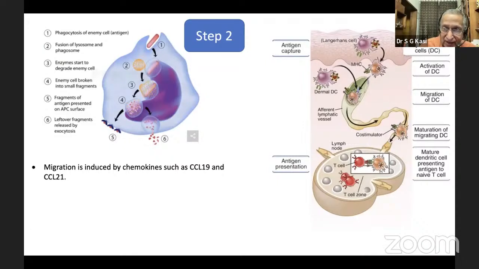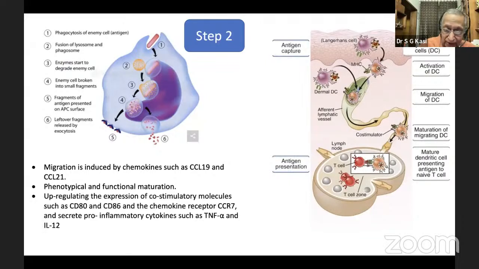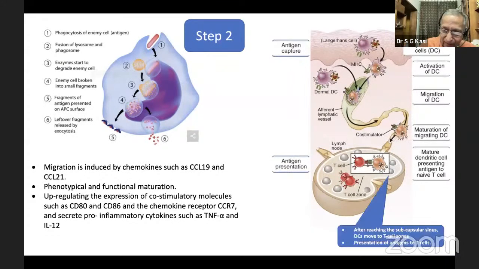And during this transit period, these dendritic cells undergo functional and phenotypical maturation, including upgrading of many of the co-stimulatory molecules, cytokines, etc. Ultimately, it reaches the T cell zone of the lymph node where the antigens are presented to the T cells. So this is the journey of the dendritic cell along the efferent lymphatics to the T cell zone.